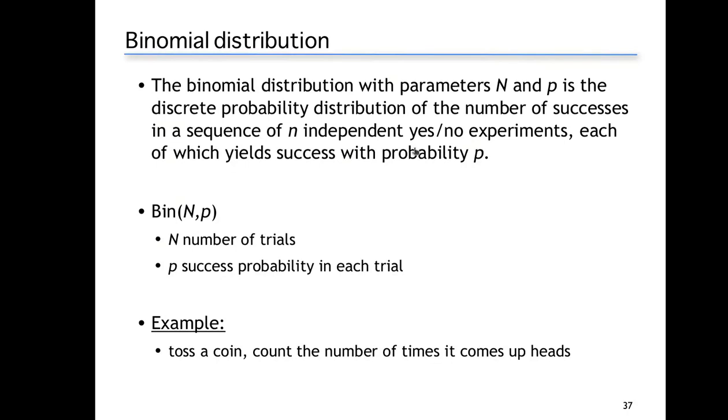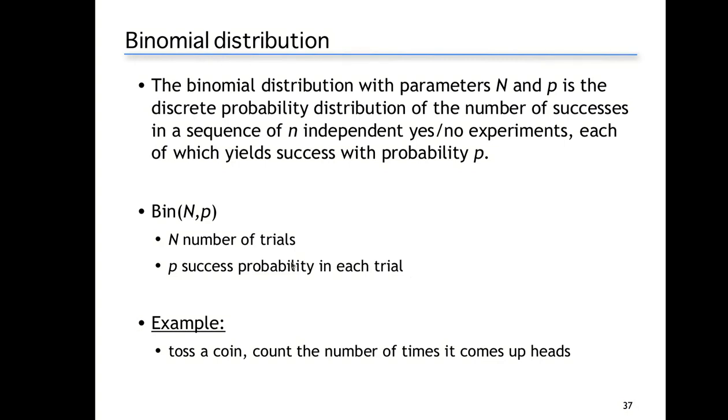And the probability of success or failure of each experiment is set up to be p. There is a typo here on the slide: this small n should be capital N. The binomial distribution is usually denoted by Bin(n, p), where n is the number of trials and p is the success probability in each trial.